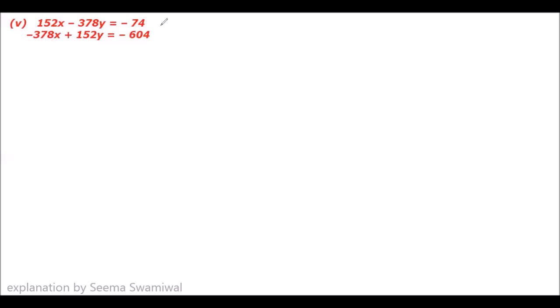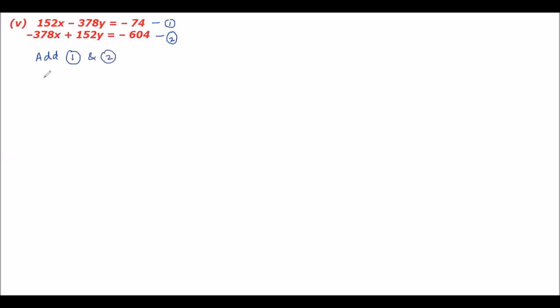You will assume that this is the first equation and this is the second equation. In such equations, whenever you see that the coefficients are interchanged, first of all, you will add first and second. Add equation first and second.